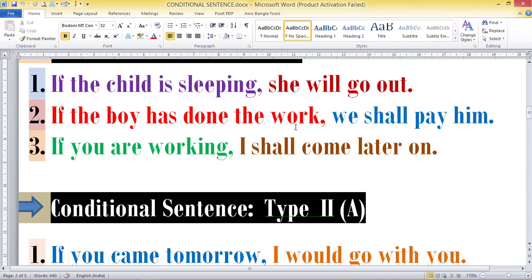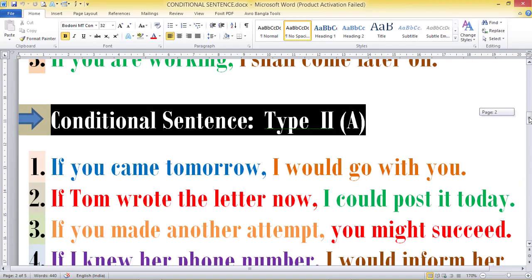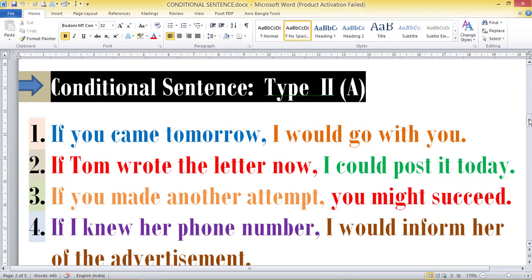Now let's go to conditional sentence type 2a. What happens in case of conditional sentence type 2a? You observe, the first sentence is: if you came tomorrow, I'd go with you. Here, in the if clause, we have used past indefinite. Actually, this is not a real past. This is called unreal past or subjunctive.